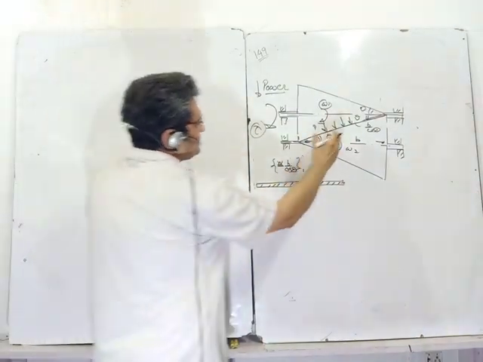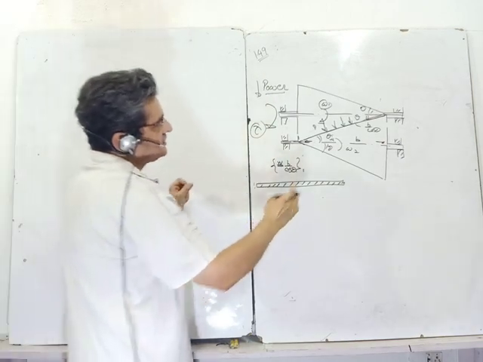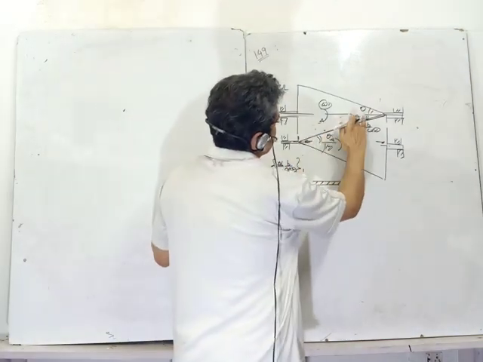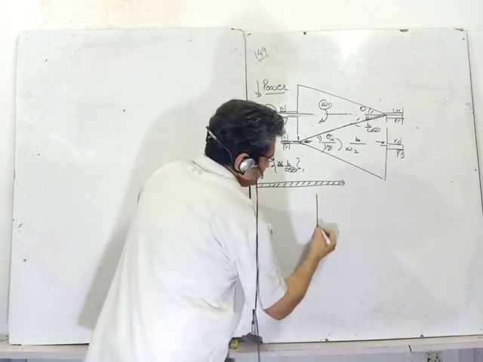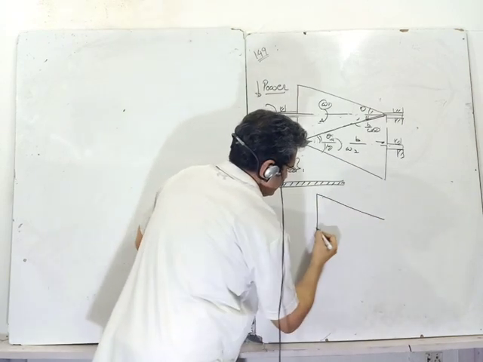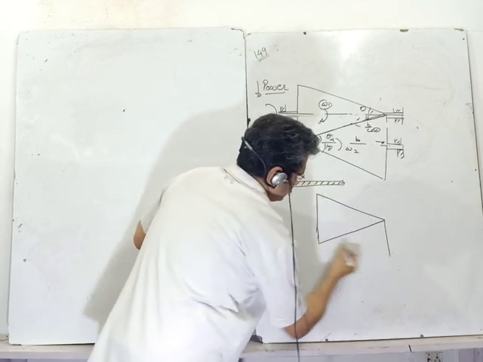So if there is a uniform pressure P acting on both sides, the force at any given strip, if I cut, now if I remove these unnecessary parts and redraw the diagram which is relevant, the diagram is like this.